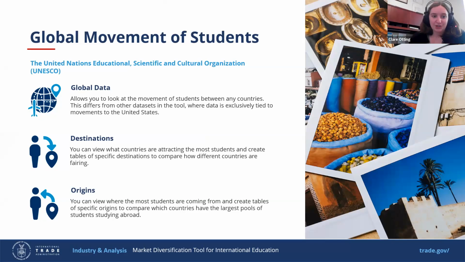And this is a special data set because unlike a lot of the other ones in the tool, this allows you to look at who the US is competing with for students. So you can look at things from a destination perspective. So what countries are attracting the most students and from where? Or you can look at the same data set from an origin perspective. So what countries are sending the most students abroad?